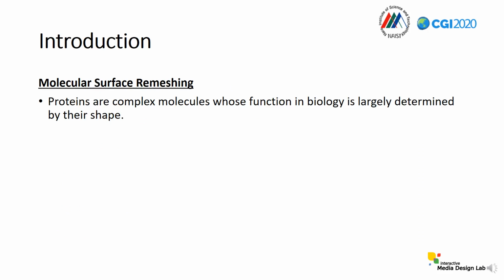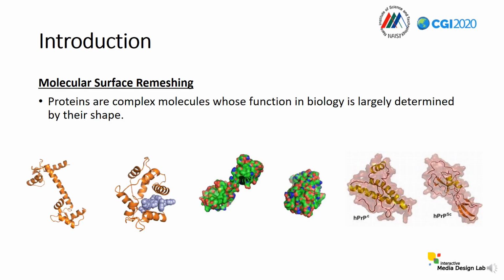Okay, so this is general to surface remeshing, and then specific to molecular surface remeshing, we have protein data available which can be processed for study of different functionalities and properties of biomolecules and protein data.